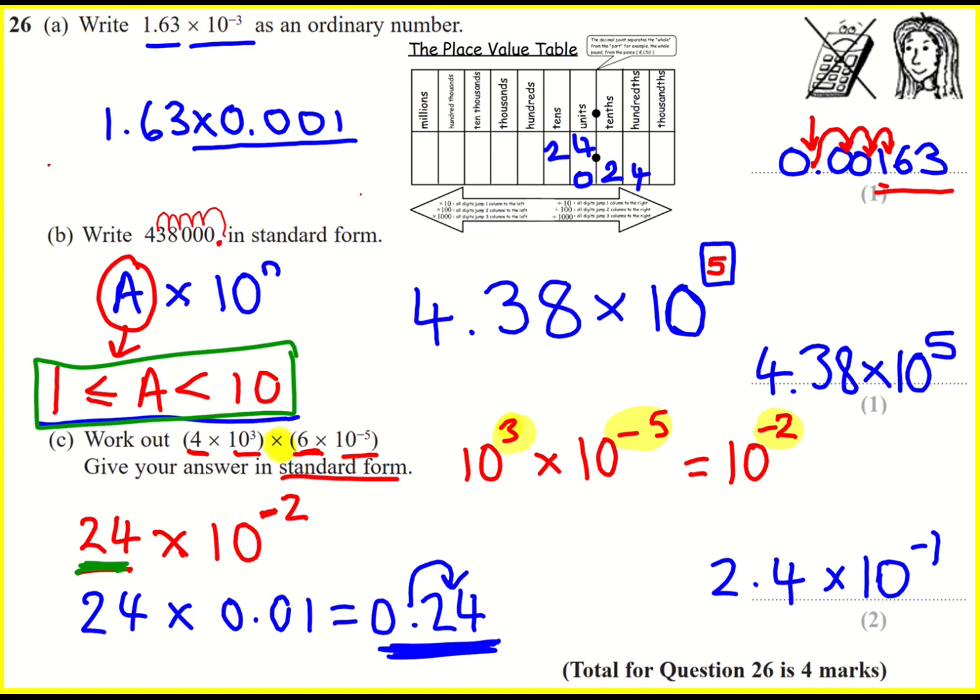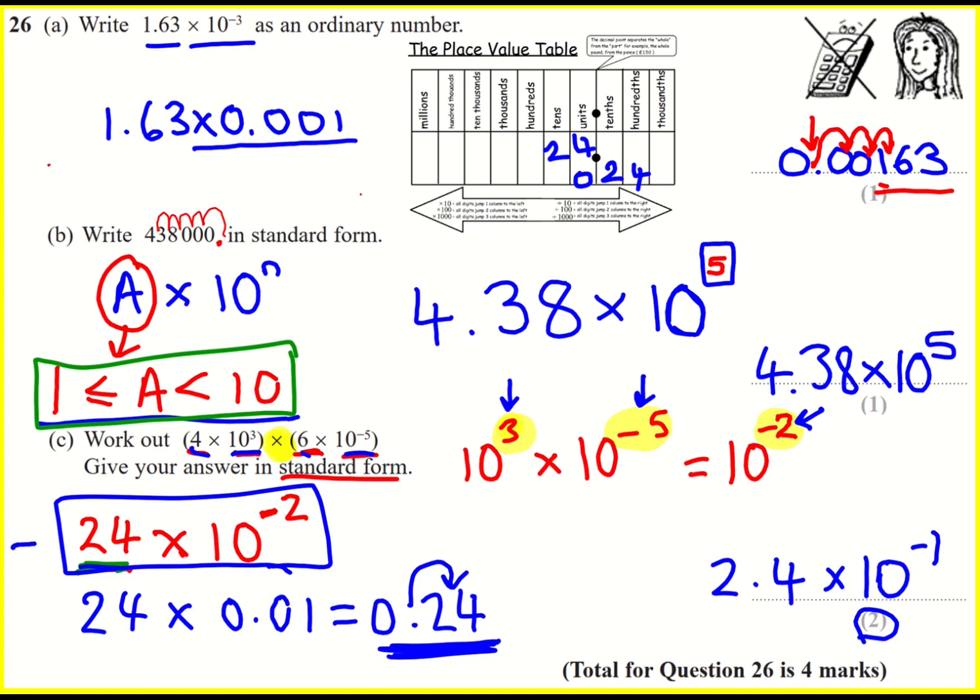So let's just quickly recap that. I've done 4 times 6 to give me 24. I've multiplied my powers of 10, and I've used my rules of indices to get that the answer here is 10 to the minus 2. So this is what you get, but that is not in standard form. If you just did that, you'd probably get one of these marks. But it says to give the answer in standard form.